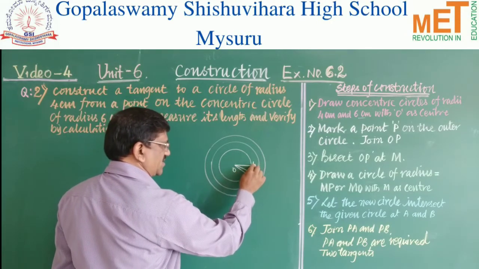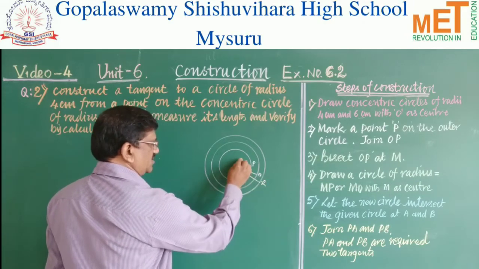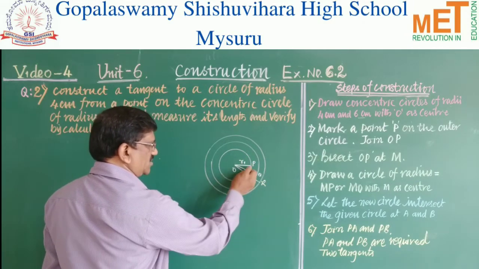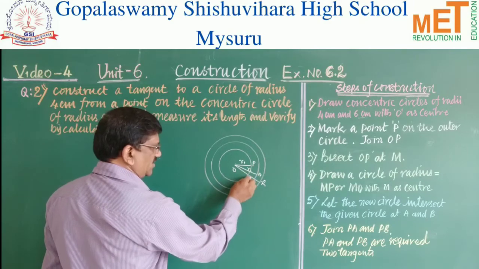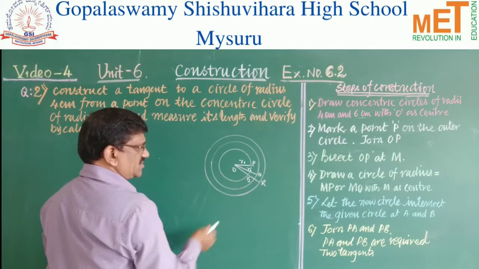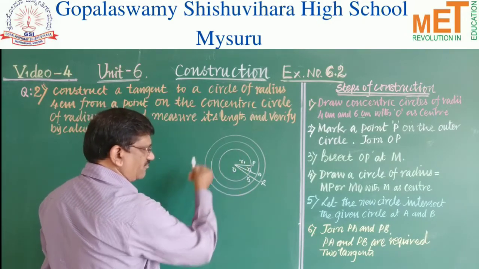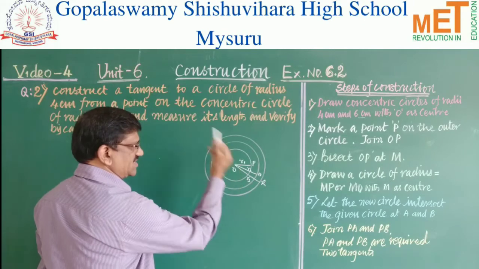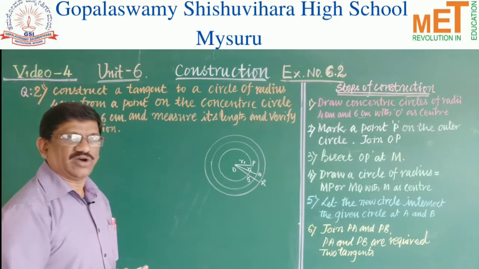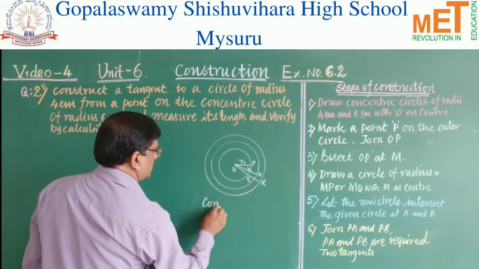Suppose it is considered as P, Q, R. So this is radius R1, this is radius R2, and this is radius R3. The circles are of different radii but the same center. That's what we call concentric circles.